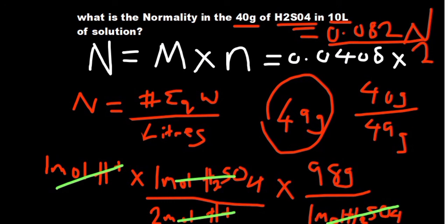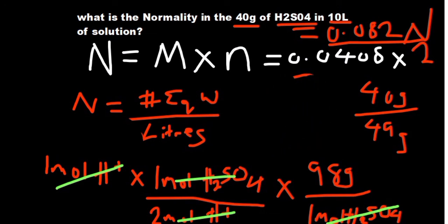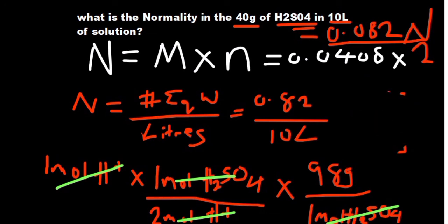So let's have some space. Therefore we've determined the number of equivalents to be 0.82. We're supposed to divide by the liters. In this case we have 10 liters. So after dividing, you find that your answer is going to be 0.082 normality, which matches up with the value that we calculated using the other formula.